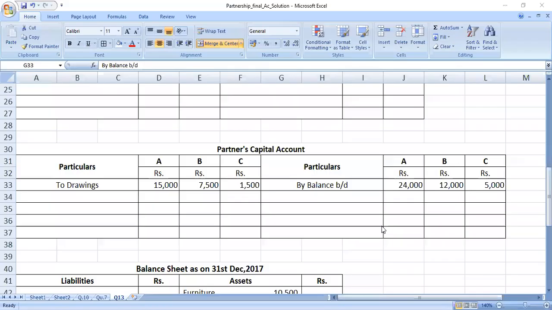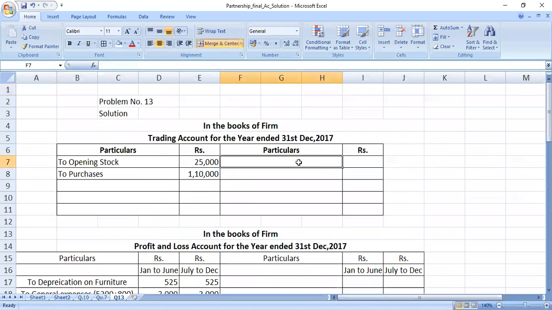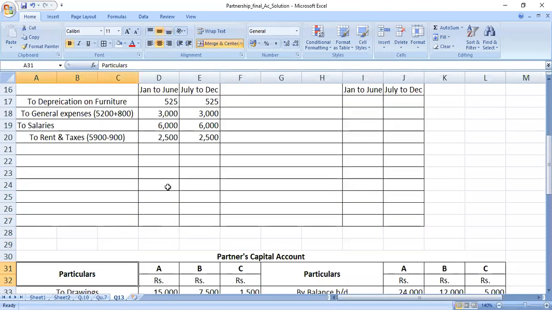So by sales, and the value of sales is 1,80,000, and they have mentioned the creditors 13,500.